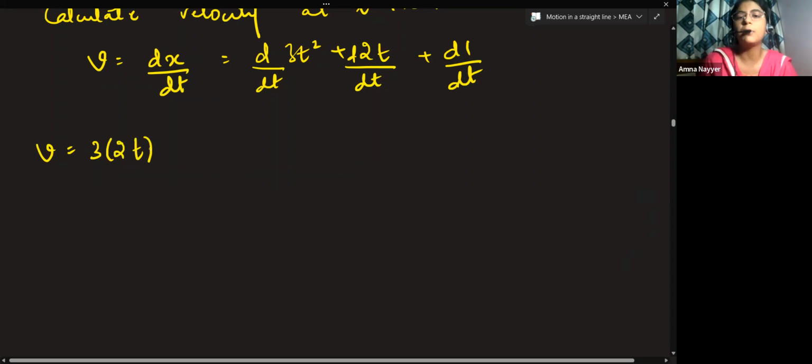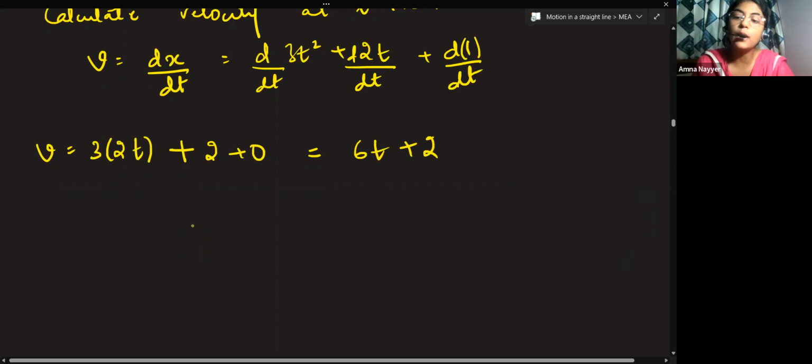So 3 multiplied by 2t. Now you add, because addition is given. Differentiating 2t, 2 comes out, and dt over dt is 1, so you have 2. Differentiating constant 1 gives 0. So your equation is 6t plus 2.